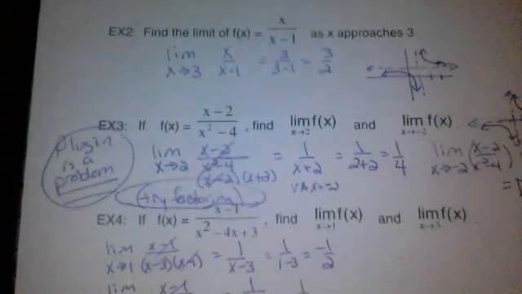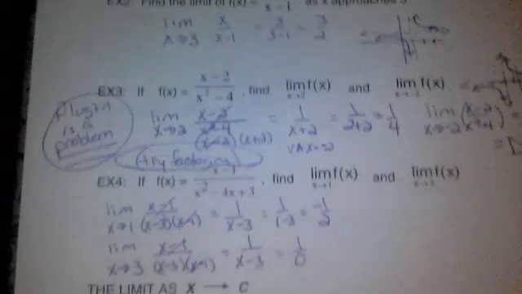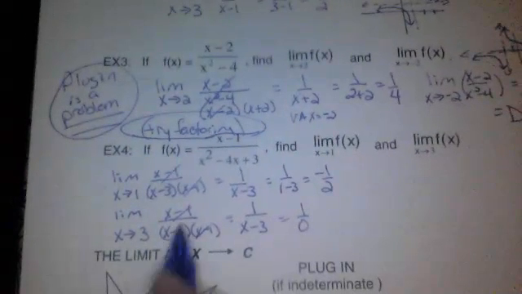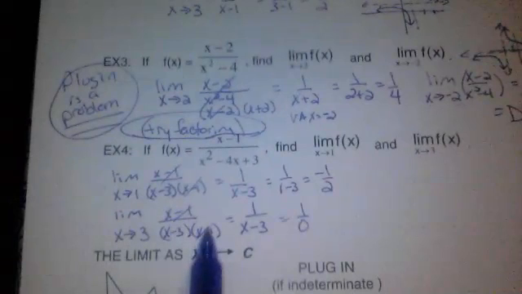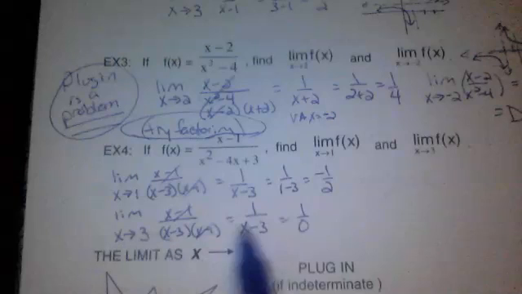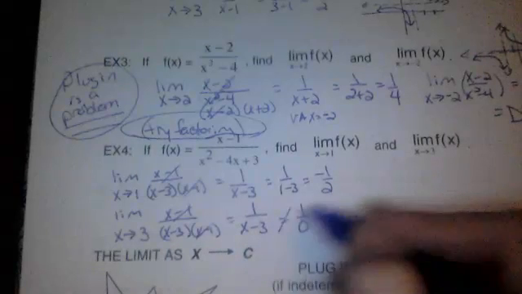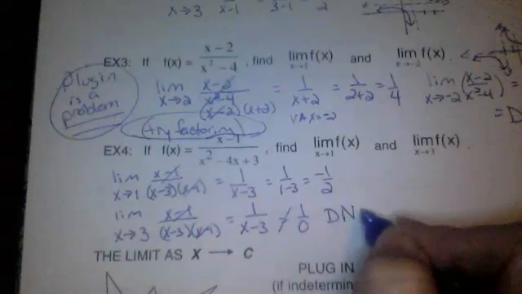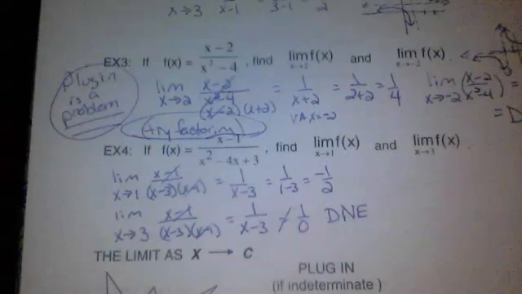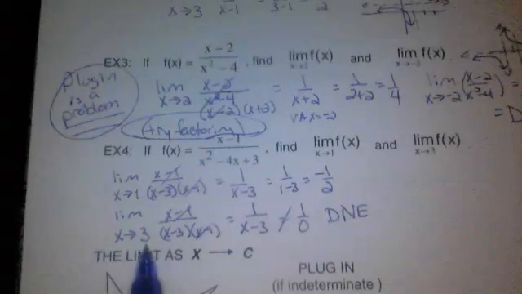So as we saw in the problem above, the x minus 1 divides out. We have x minus 3 left in the denominator. Plug in the 3, we get 0. And you can't divide by 0, so this is not possible. So the limit does not exist. This one is also at an asymptote.